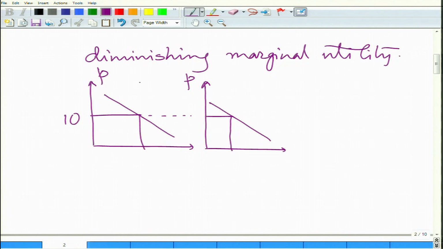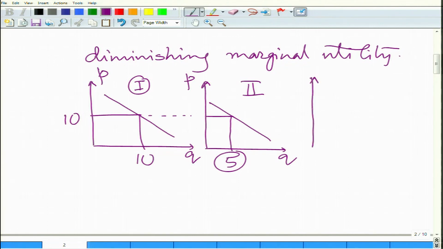Say for individual 1, the demand is 10 units, for individual 2, the demand is 5 units. The market demand is basically the total demand for all the individuals existing in that particular market, or the summed up demand for all the individuals.